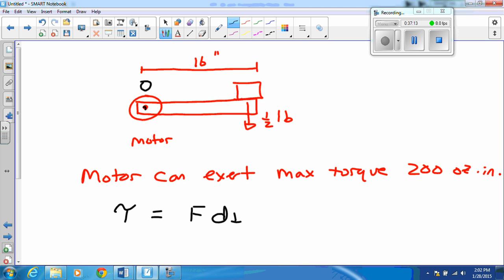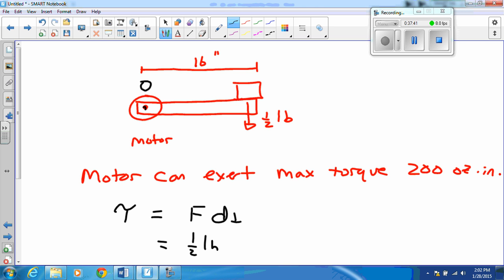Gravity pulls straight down, and so perpendicular to that is straight out, right? When the arm is up here, then the perpendicular distance is a whole lot shorter, isn't it? The lever arm distance is shorter. When the arm is straight up, the perpendicular distance is actually 0, so it requires 0 torque to get it going when it's straight up.